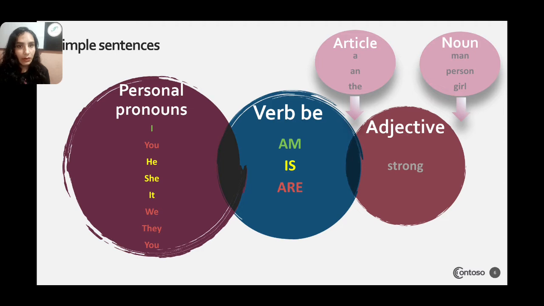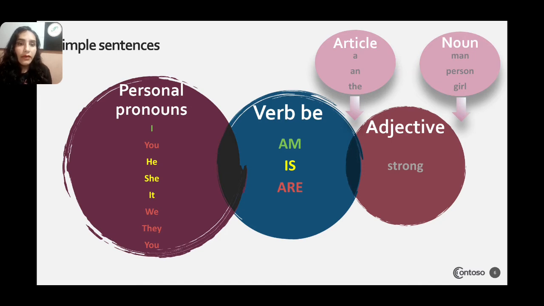Article and noun. So for a short sentence, we can say, I am strong. For a longer sentence, we can say, I am a strong girl.